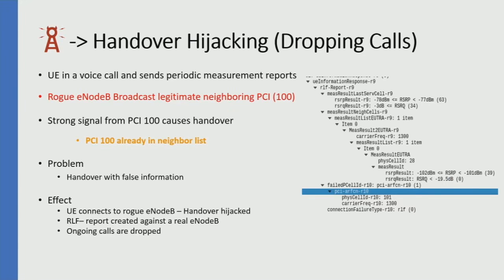So now the phone and the base station both know that there is a handover failure. It means that it's a problem of the mobile network, or a problem of the base station. And even in the radio link failure report, all the identities are legitimate ones. These are the spoofed ones, and the network has no idea whether this is a real report or a fake report. So this information is actually sent to the network.